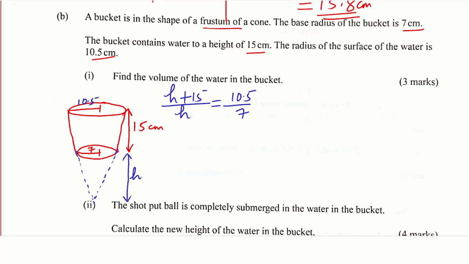So once you work out these will give 7h plus 7 times 15, which is 105, is equals to 10.5h. So when you work out the value of h, I'm trying to shorten these workings.